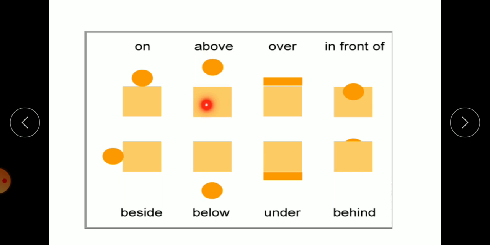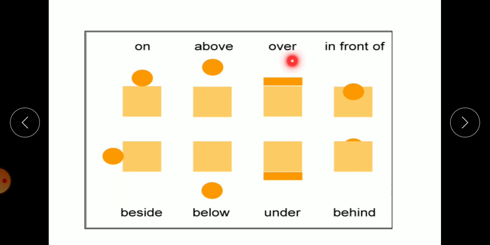So the level of this ball is up as compared to the box. So when one thing is at higher level than the other, we use the preposition above. Like the ball is above the box. The fan is above the bed. ठीक है?